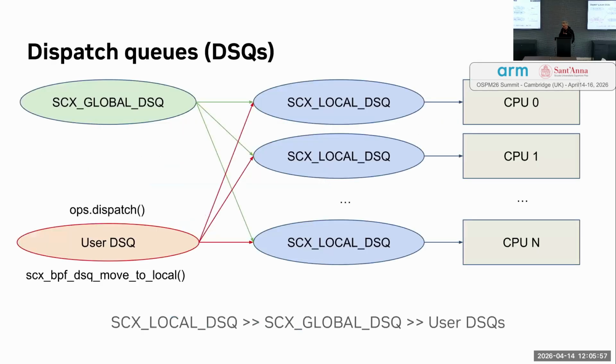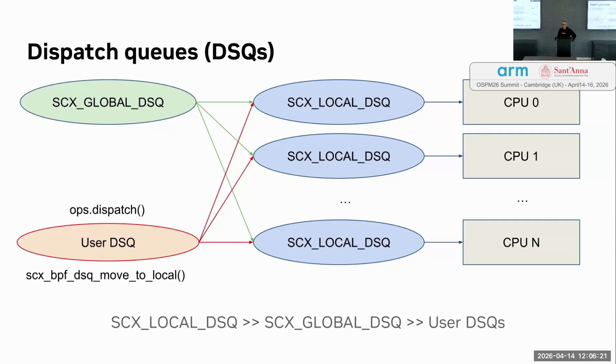But yeah, this is just one thing that I want to highlight in case not everyone is really familiar with SCX. We don't have the concept of run queues, but we actually map run queues using local DSQs. DSQ stands for dispatch queue.